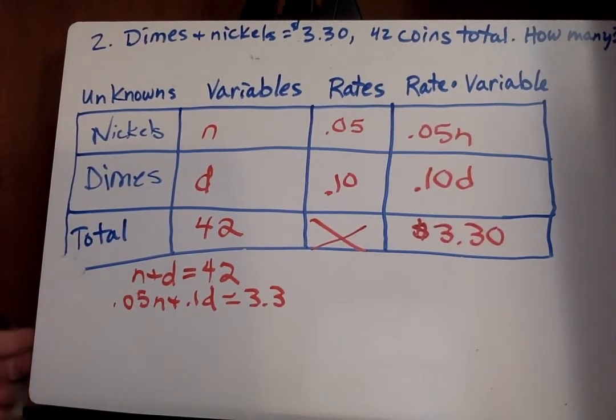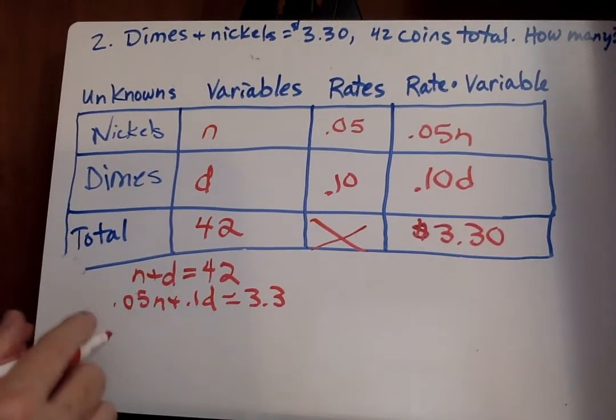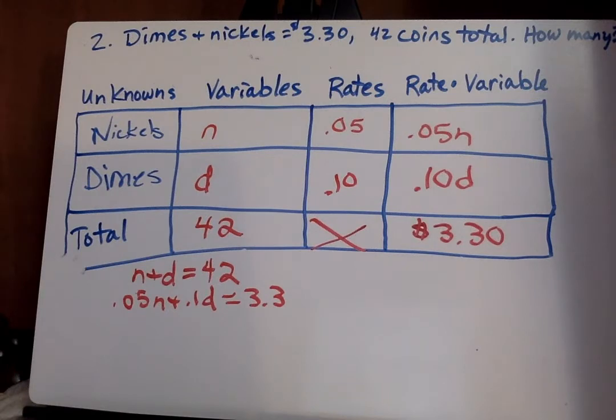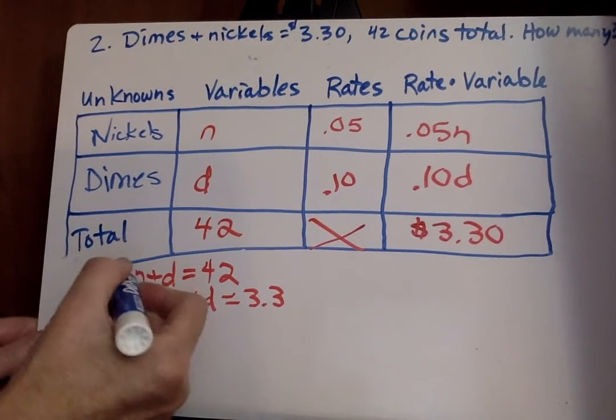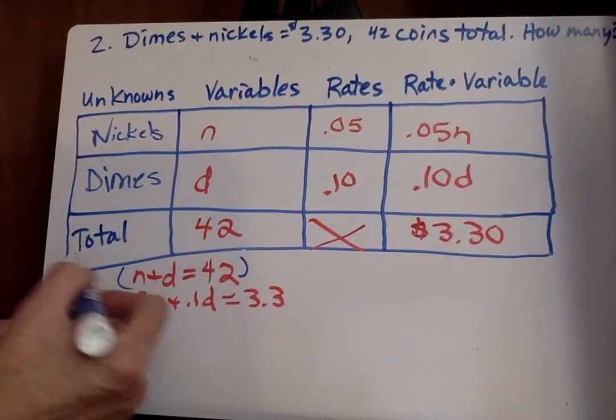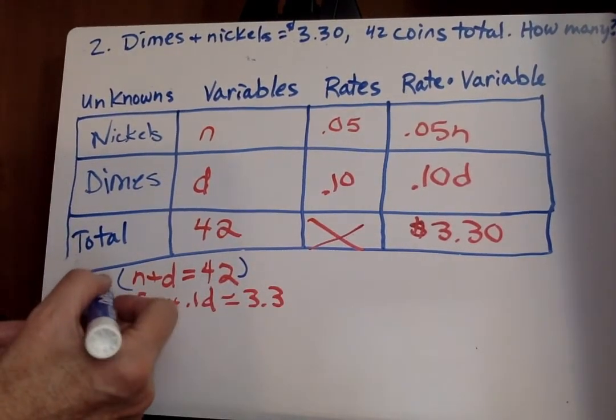So we have both of these, and I'm going to go ahead and multiply the top one by 0.1 so that I can get rid of the D's. So I'm going to make it negative 0.1.